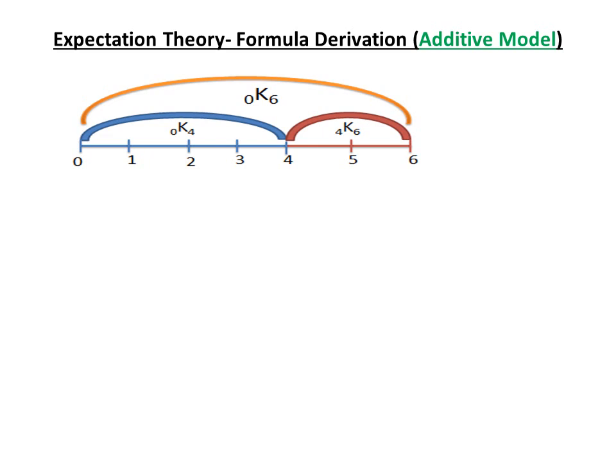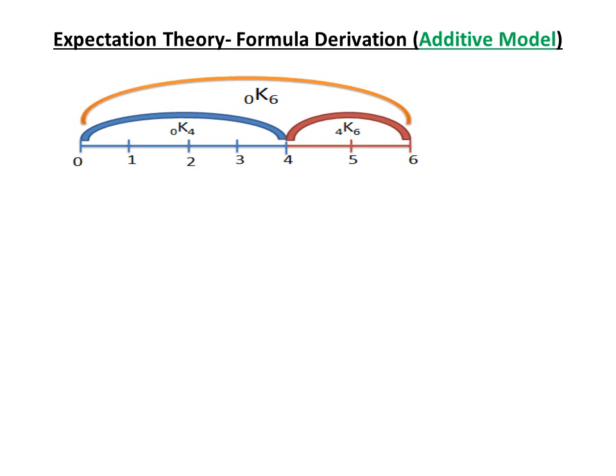So have a look at the notation. 0K6 means 0 to 6 year interest rate. 0K4 means the interest rate of the security from 0 to 4 year, and 4K6 is the interest rate of the 2-year security, calculated from 4 year to 6 year.